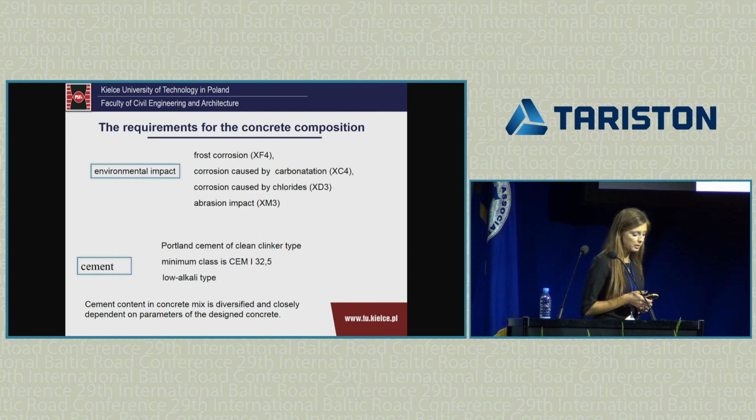It is recommended to use Portland cement of clinker type, whose minimum class is 32.5, and very importantly, the cement for concrete intended for pavement should be a low alkali type, so the content of alkali should be not more than 0.6%.